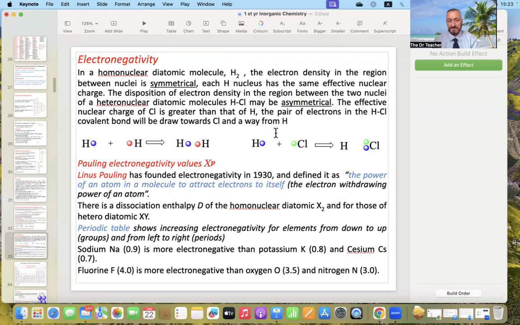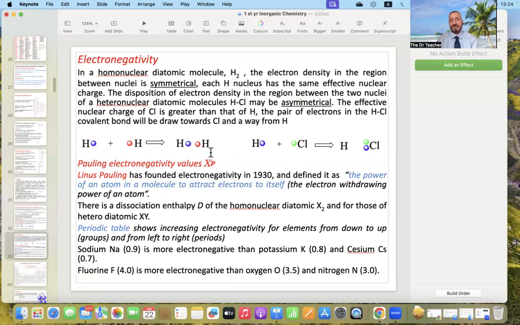If a hydrogen with one electron comes together with another hydrogen with one electron, they combine to form H2, and you see the two electrons are bonded at the same distance from both. With hydrogen and chlorine, chlorine has one orbital that is half empty and they combine to make HCl, but the two electrons are shared.